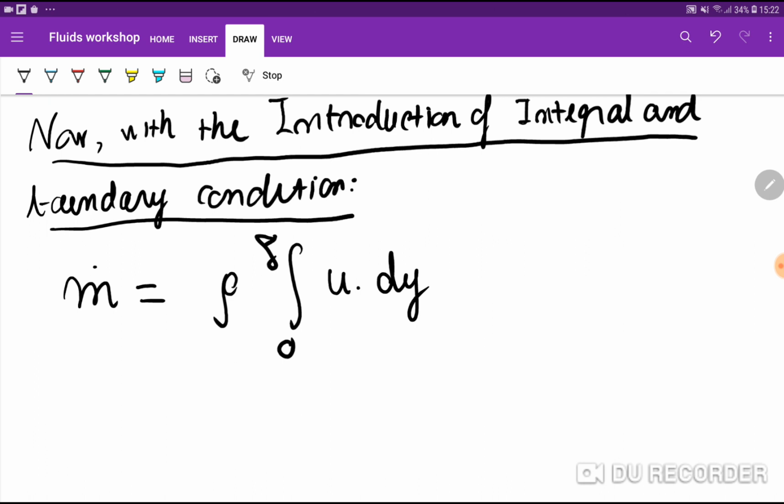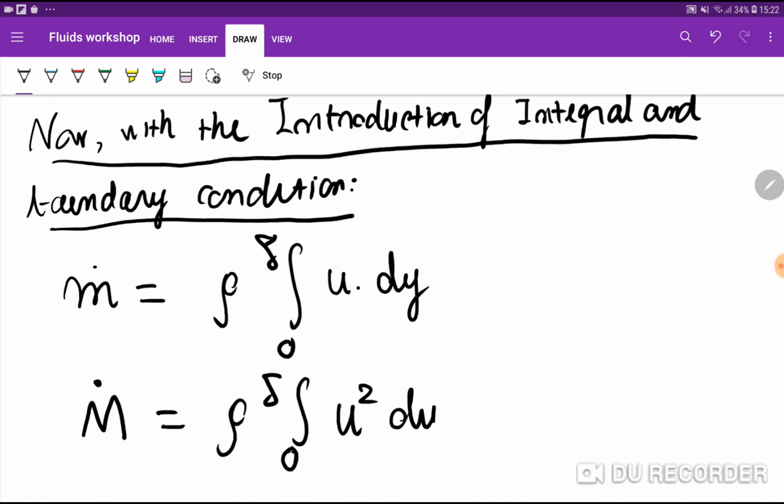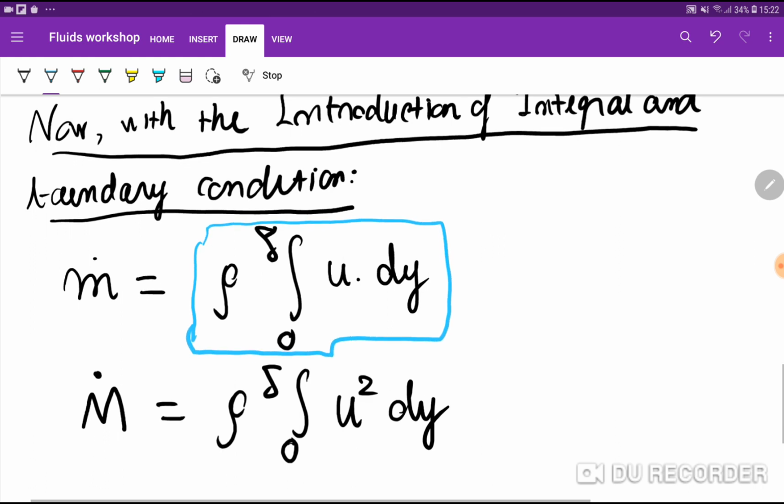Let me double check the letter for y'all. Yes, it's delta. Similarly, your momentum flow rate, capital M dot, is rho times the integral from 0 to delta of U squared dy. This is the new formula, with the introduction of calculus.